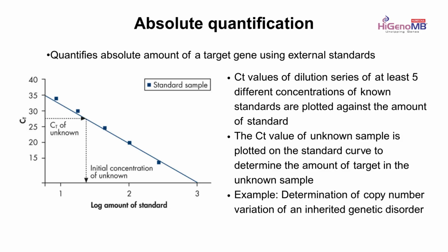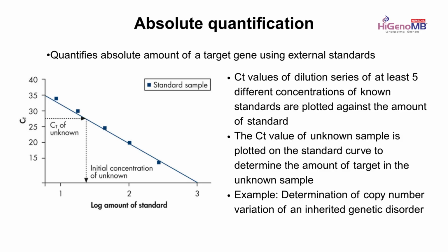So this we will obtain from the standards. What are the standards? The standards are already known copies of DNA which you will use in the PCR reaction, and then use your unknown sample.